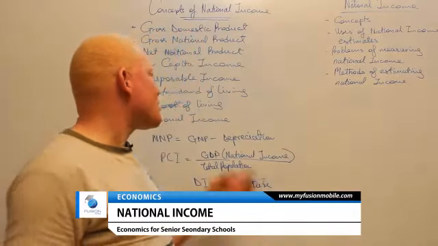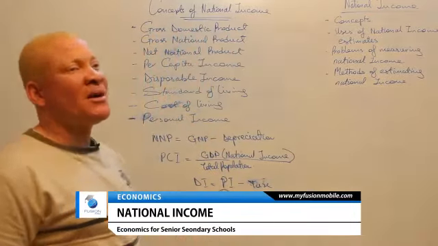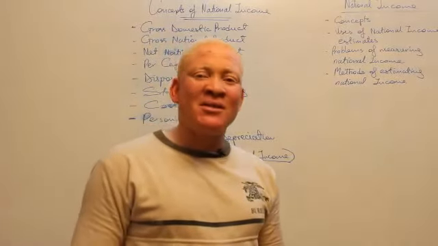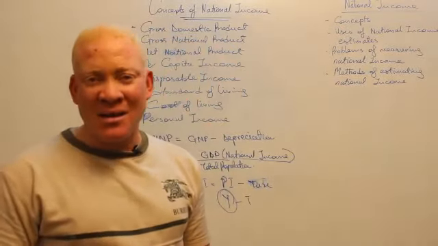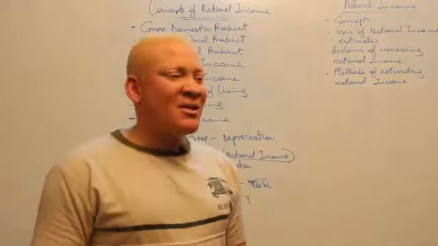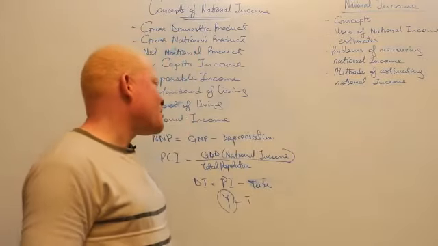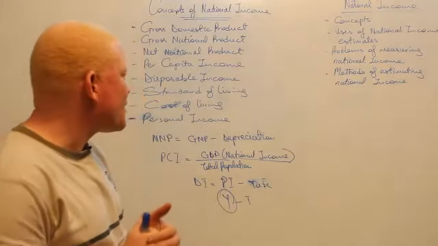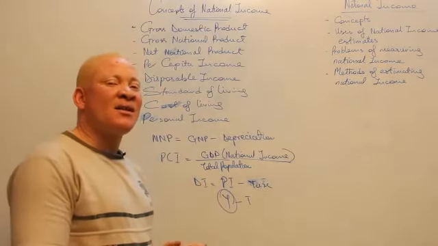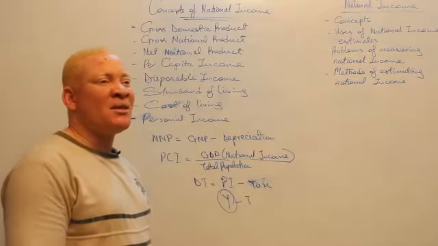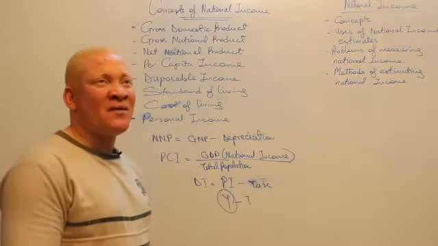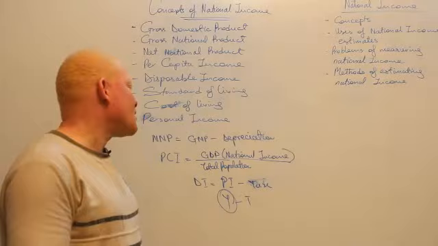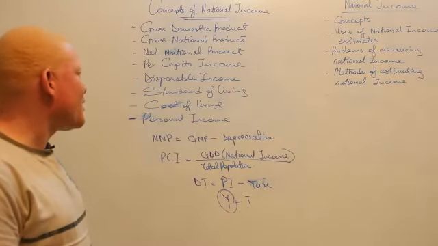But the cost of living is actually talking about the physical value, what it takes to maintain a particular standard of living. Now, one of the uses of national income, or PCI, that's per capita income, is to determine the standard of living, which implies the value of cost of living in a particular country over a period.